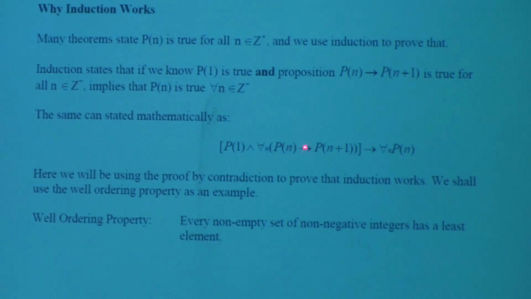And again, this implication is what we're doing from the assumption to the proof. So if this is true, and if our assumption implies P of n plus 1 is true, then that's sufficient to prove that P of n is true for all n. That's what a proof by induction breaks down to.